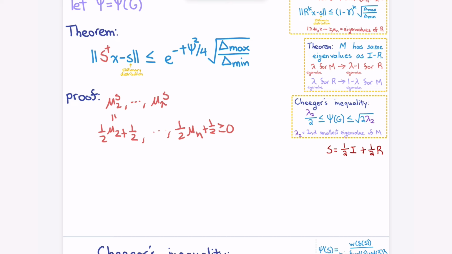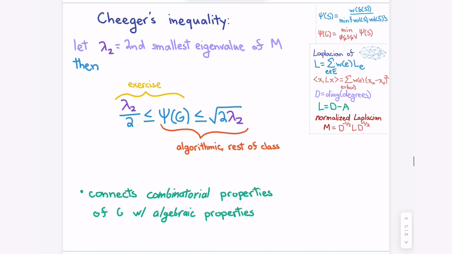Okay, so the moral of this story is that there's a strong connection between conductance and mixing time, which is a little bit intuitive too, because a graph with very low conductance, like two large cliques connected by just a single edge, a random walk is just going to get stuck in the clique and never be able to get out. But the stationary distribution is basically going to be uniform over everything.